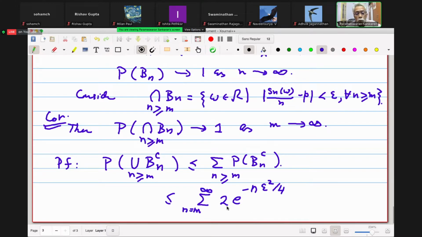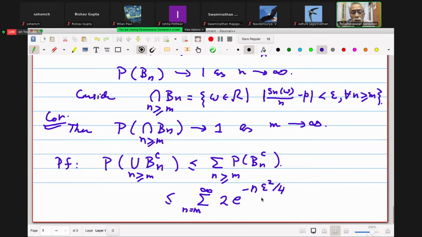Why is this 2? Because there are two sides. When you say this is bigger than or equal to epsilon, there are those for which Sn by n takes values bigger than or equal to p plus epsilon, or takes values less than p minus epsilon, and that also has the same estimate. That's why there is a 2 here.